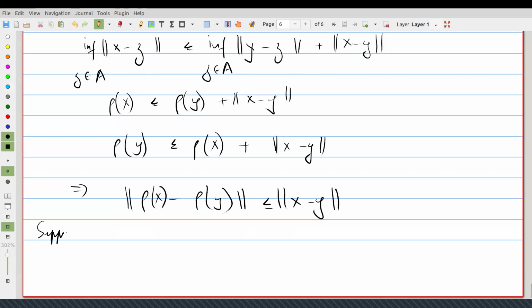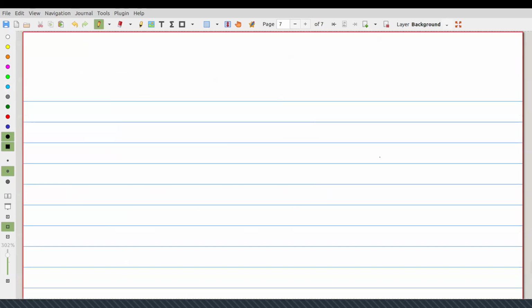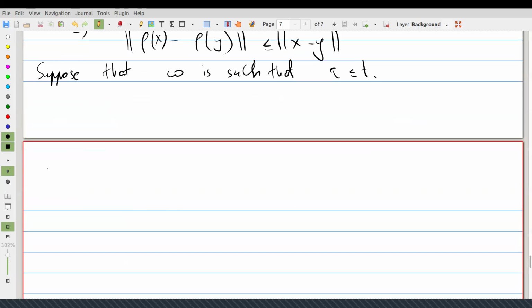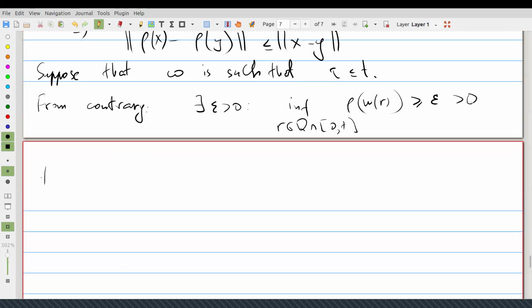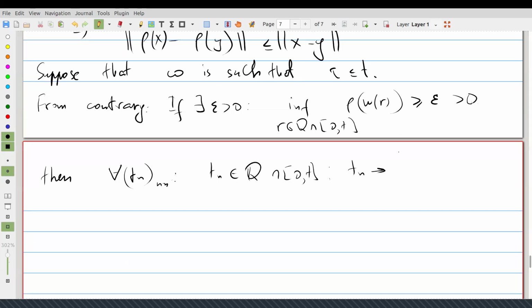Now, suppose that omega is such that tau is less than T. If we assume, by contradiction, I think this is easier, that there exists epsilon such that this infimum is not 0 but greater than epsilon, then again, for any sequence of such numbers, the t_n converges to tau.